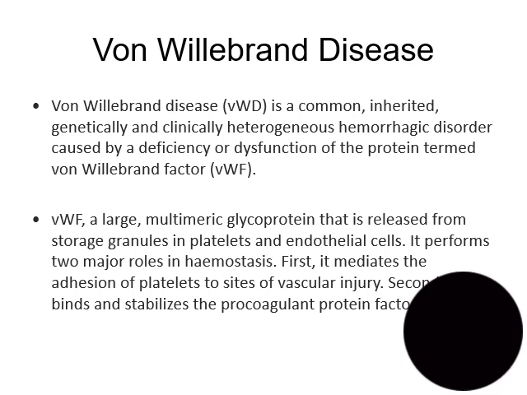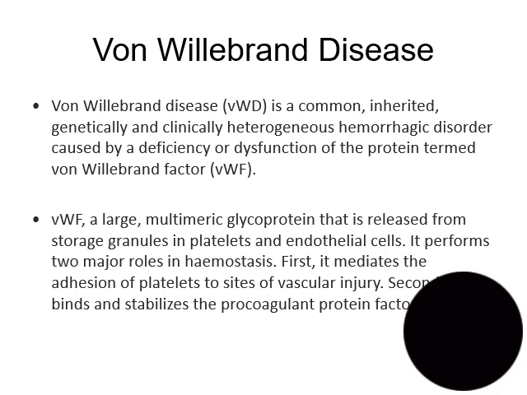And they differ in the pattern of inheritance. So type 1 is a quantitative disorder or deficiency that is inherited mainly as autosomal dominant, whereas type 2 is a qualitative disorder. The amount of von Willebrand factor is normal, but it is dysfunctional for different reasons, and it's also inherited differently based on the subtype.